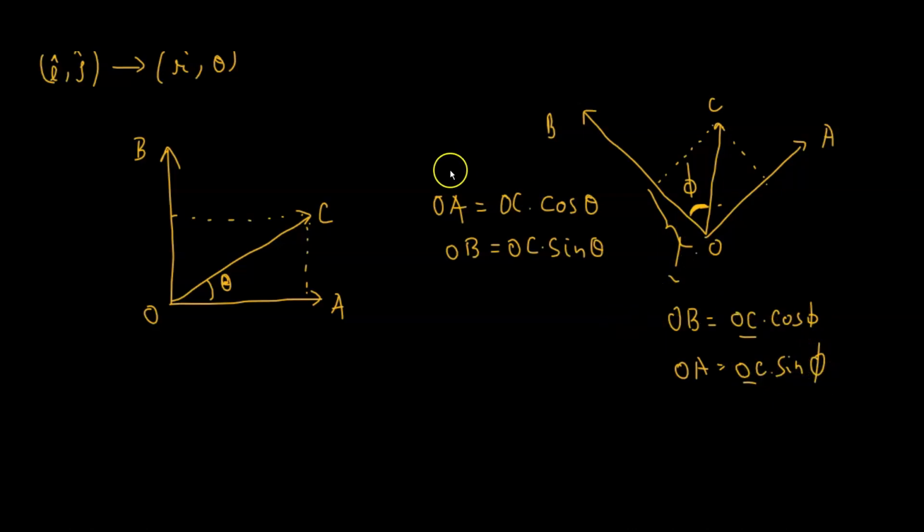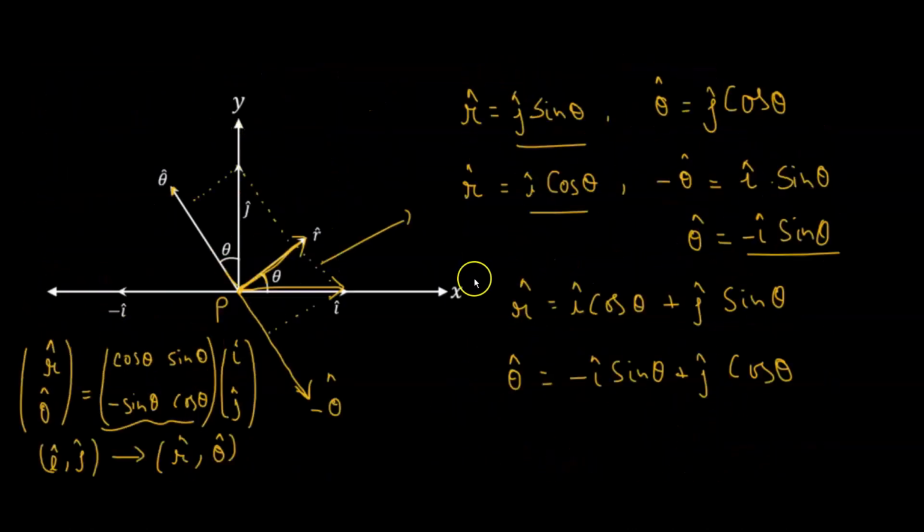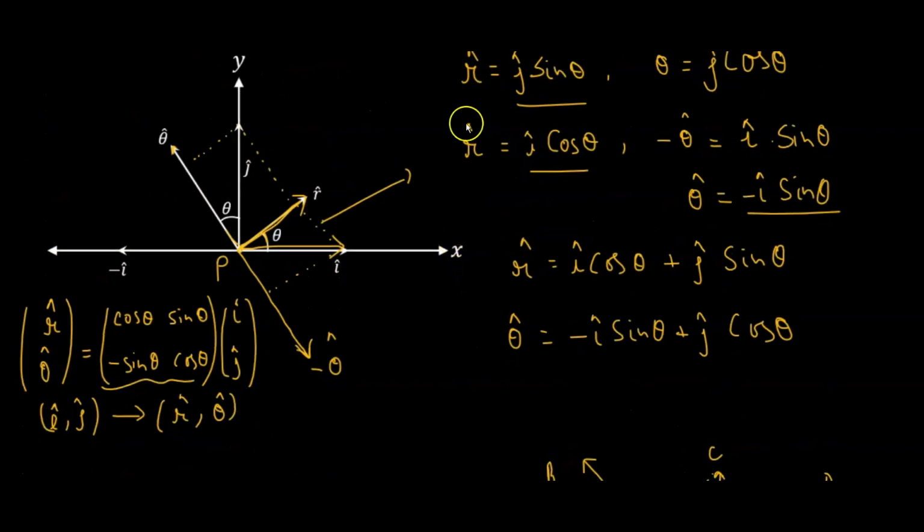Now if we go back to our original problem, this is what I did. When we were finding r cap and theta cap, which did we consider? We considered these two mutually perpendicular axes. One is the r cap axis and the other is the theta cap axis, and we wanted to find out how much j cap is getting resolved or projected along r cap and theta cap. So j cap is making an angle theta with theta cap, so that means how much of j cap is along theta cap.